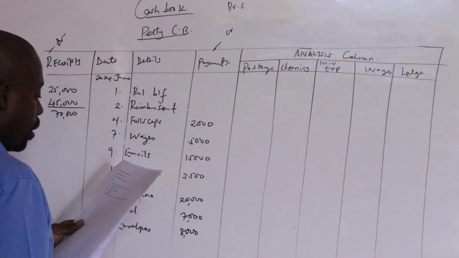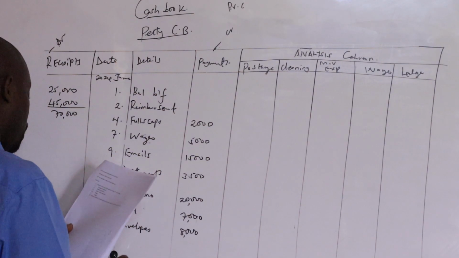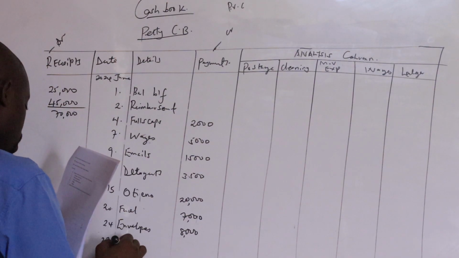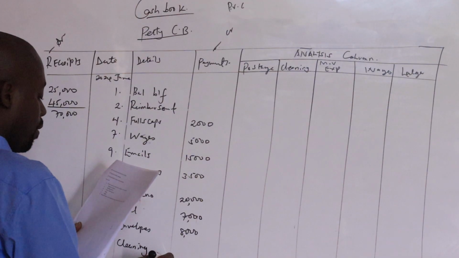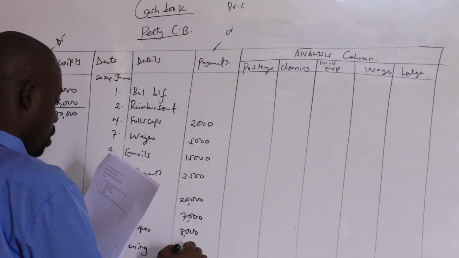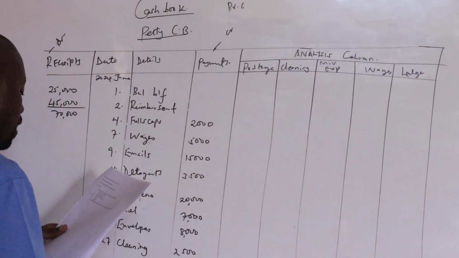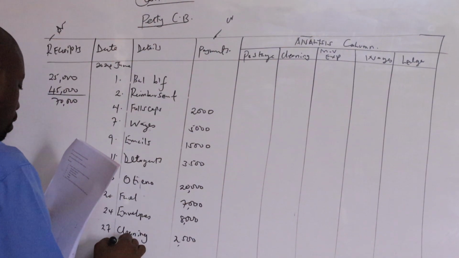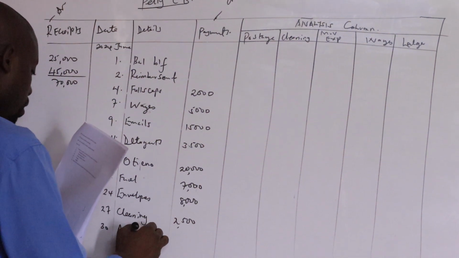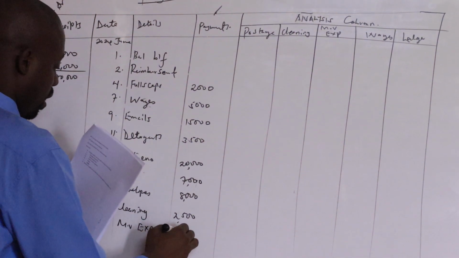That is stationery. And then paid 25 for cleaning, 2,500. Lastly, motor vehicle expense, 4,000, 30th. MV expense, 4,000.